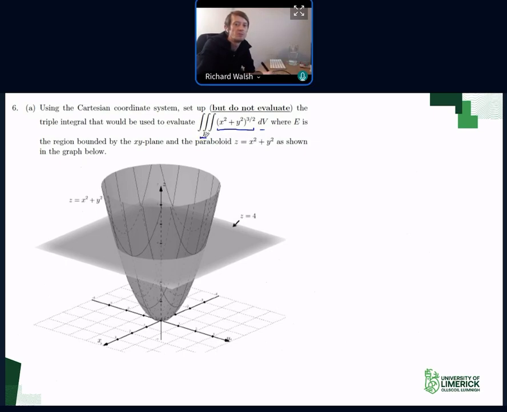So we're being told now what this region is, where E is the region bounded by the xy plane. On the graph given, Z is the vertical axis almost all the time. The xy plane is that flat surface down here, all the boxes in it, that the x and y axes both sit on.